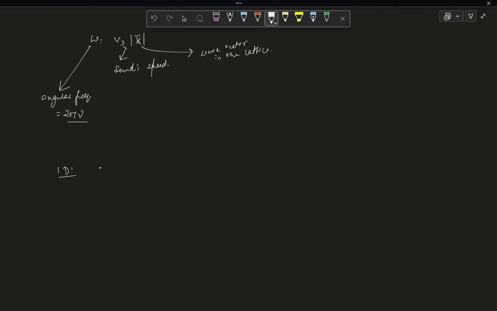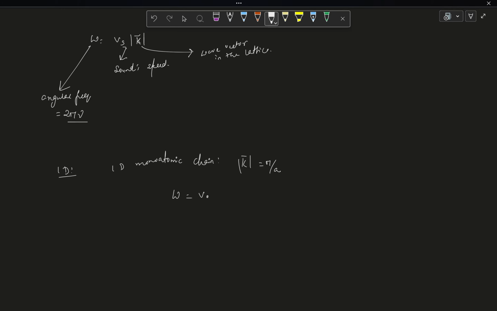So for the 1-dimension case, for a 1D monoatomic chain system, you know that if your lattice parameter is a, then your K is simply π/a, right? Because a is your lattice parameter.